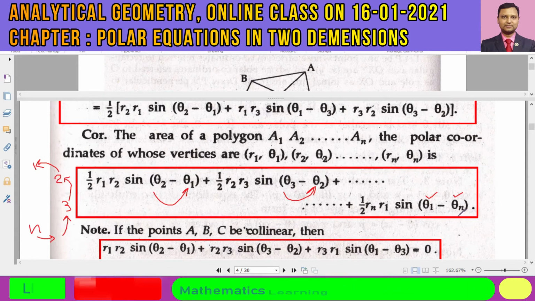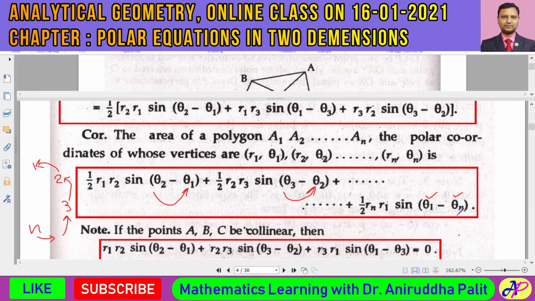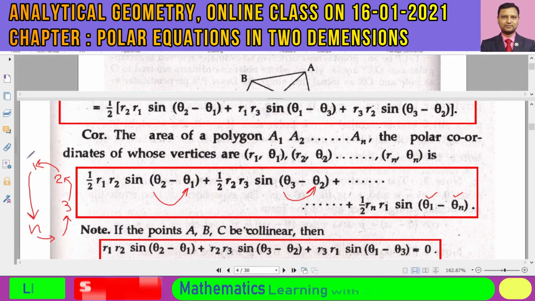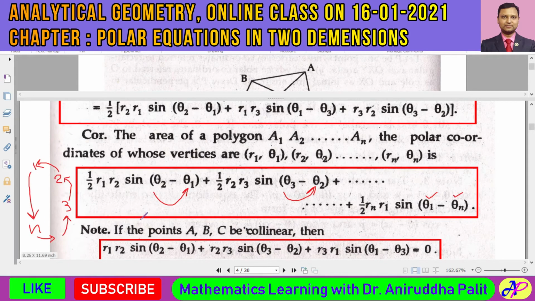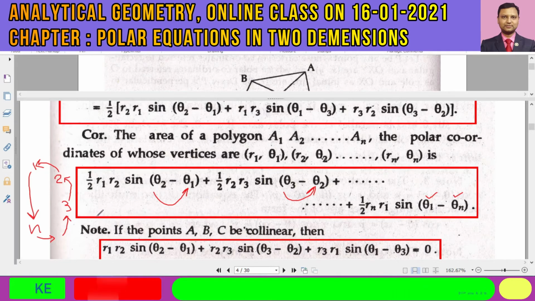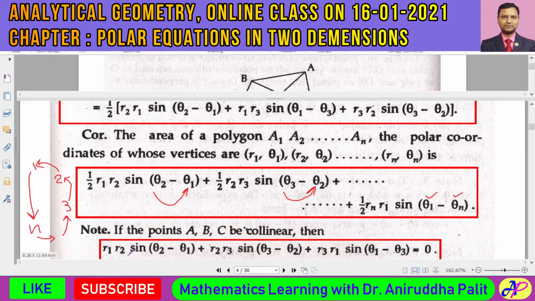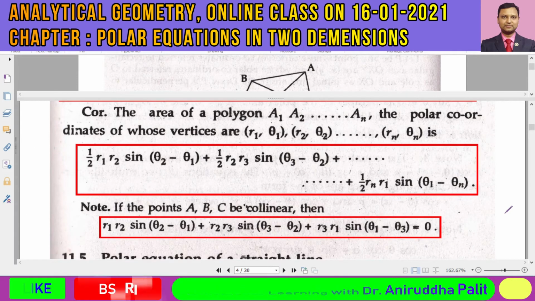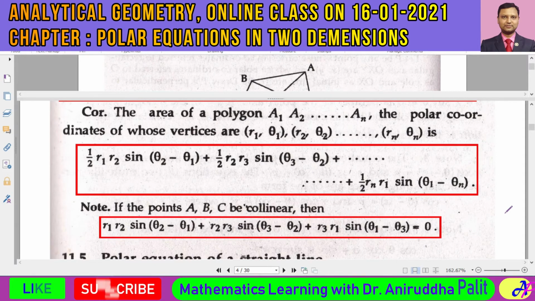So starting from 1 to n you will get one more arrow. So in this way you will ultimately get a cyclic order between the indices 1 up to n. That's all about the area of a polygon or the area of a triangle.